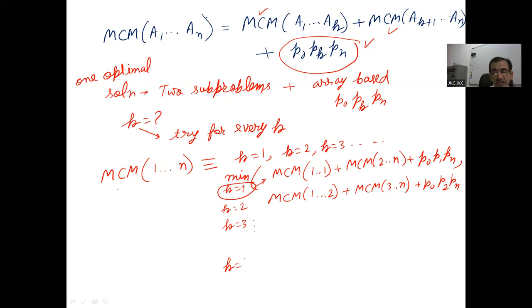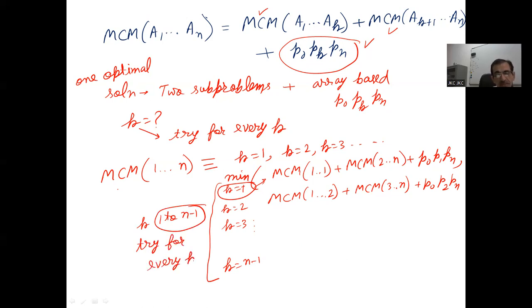What can be the last value of k? k can be n minus 1. Of course not n, because if k is n, then all values are in the same group, and no parentheses happen. So possible values of k are 1 to n minus 1. Try for every k, and whichever is minimum out of these becomes my choice.